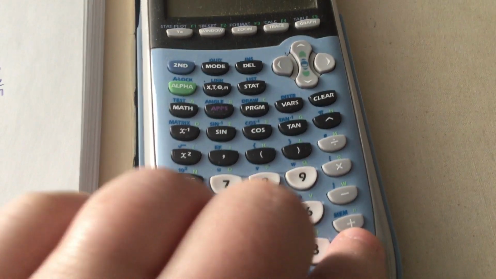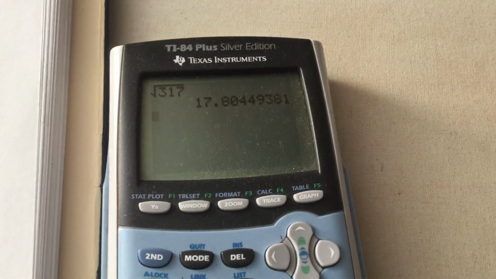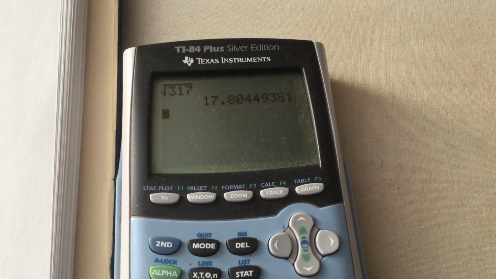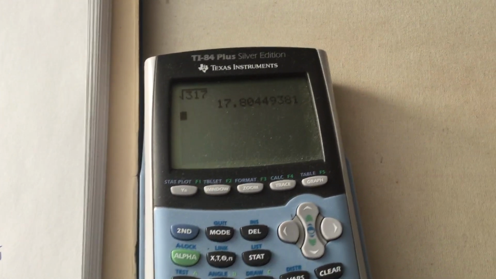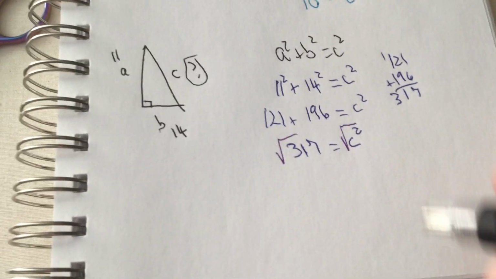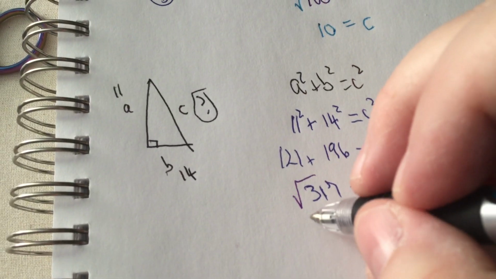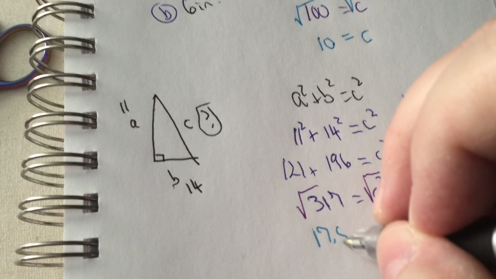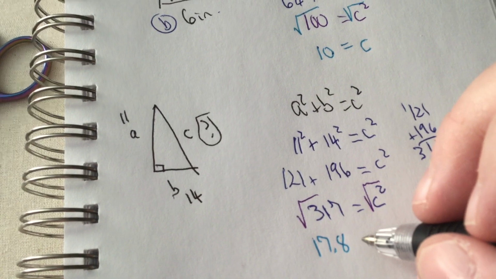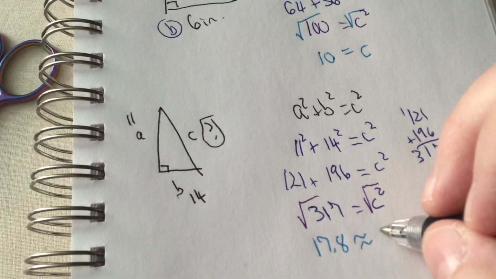I know it's going to be decimals forever. 17.80449381. So I'm just going to write 17.8. It's about 17.8. So 17.8 roughly is equal to C.